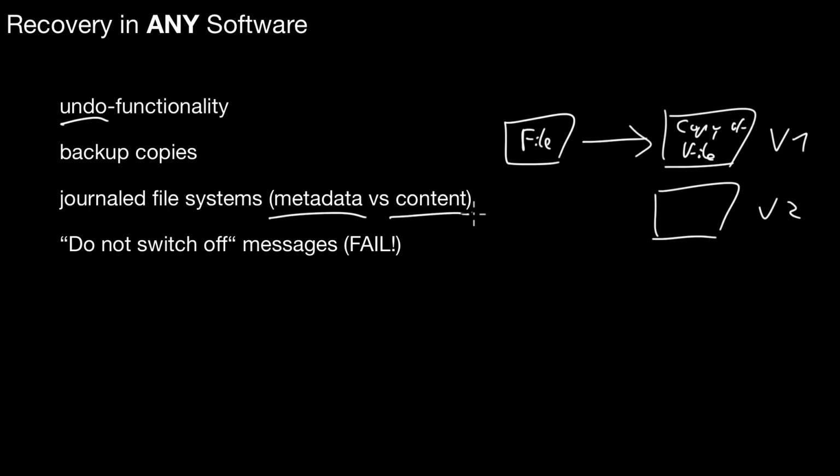Well, a very prominent example for recovery failure, actually, you see that in many devices. I've seen it for video cameras. I have a video camera that has this problem. I have a TV receiver that has this problem. Sometimes when these systems update, when the operating system of the camera or of the TV receiver, in my case, is updated, they show a message like: do not switch off.